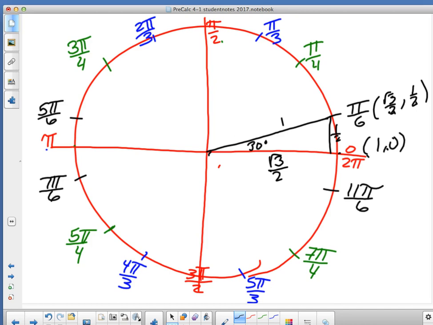But that's what we're going to be doing in the next few days. Okay? By next week, you'll be able to fill out the rest of this. And there is actually a sheet in your notes that we will be doing. Okay? But get yourself familiar with this, and the best way to do it. Today, I numbered a circle with pi, pi over 2, pi over 3, pi over 4, pi over 6.